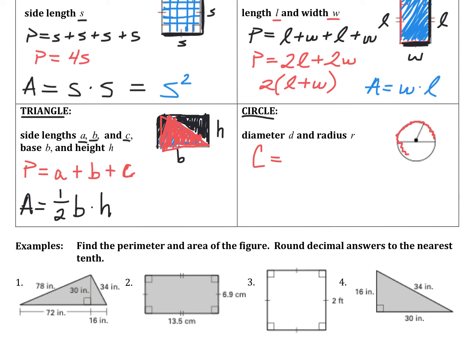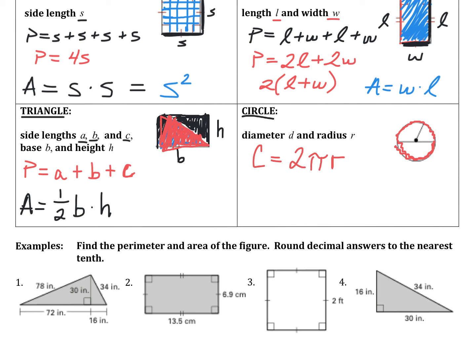Now, in order to calculate that, we're going to need to use a new term, pi. So my distance around my circle is going to be pi times 2r, or 2 pi r, double the radius, times pi.